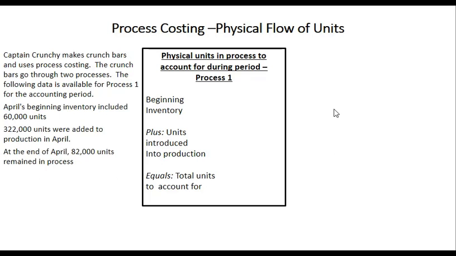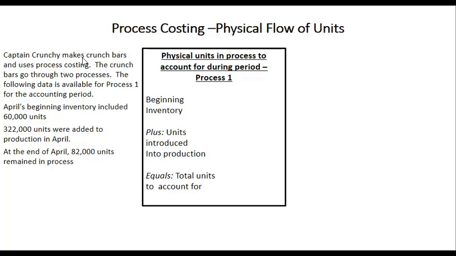Now let's go on and talk about the physical flow of units through a process. Remember, the units that a process system processes are typically pretty much all the same, and sometimes it's hard to differentiate one unit from another other than where it happens to be within a process. Let's use this example right here. Captain Crunchy makes crunch bars and uses process costing.